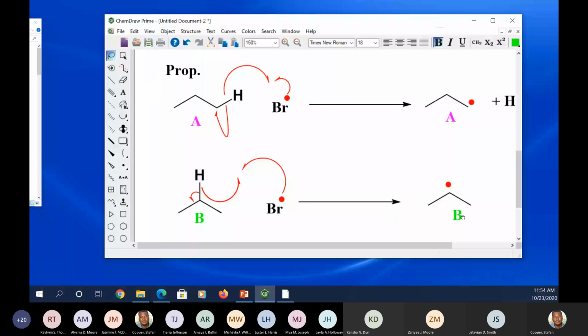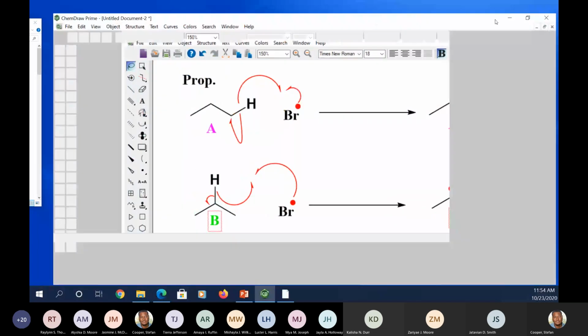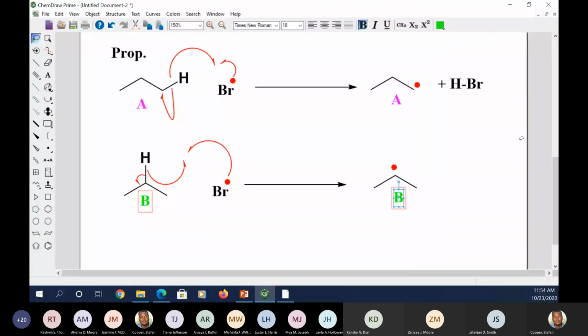All right, and if I ask any question in class, on tests and exams, as to why you get this product as the major, it is always answered from the potential radicals that are formed. So let's talk about the radical up top. If I had to classify the radical, what would you classify it as?